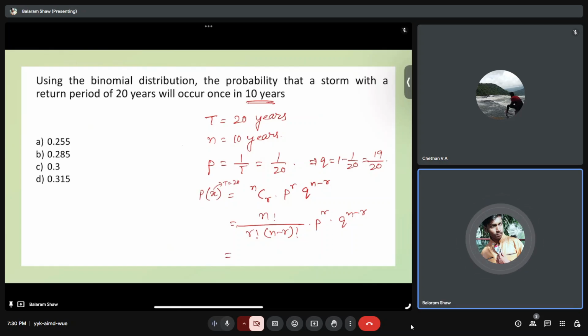Just put the values and get to it. I'll give you 1-2 minutes for this.